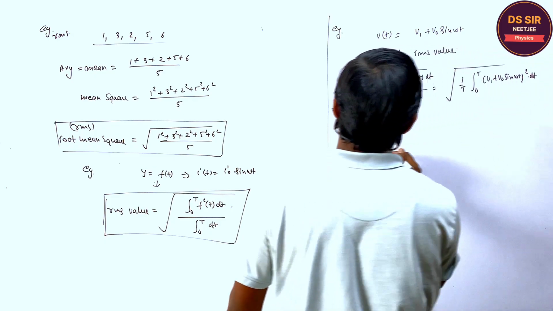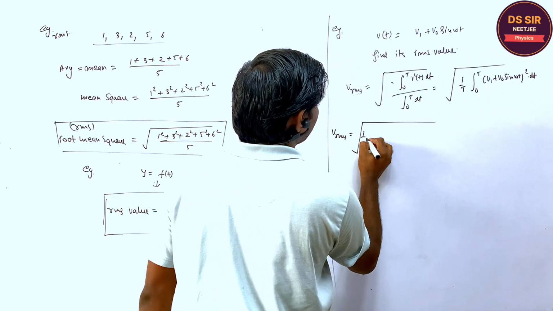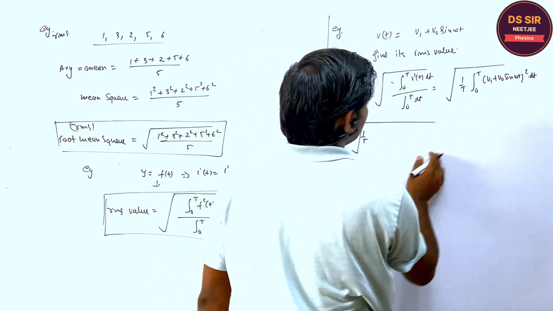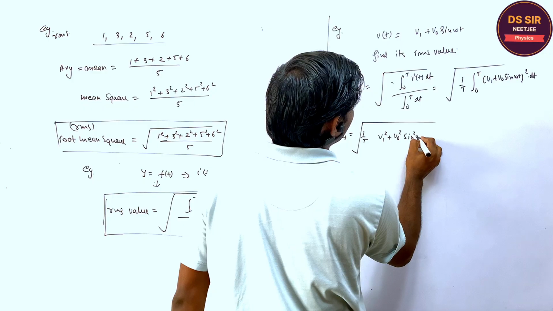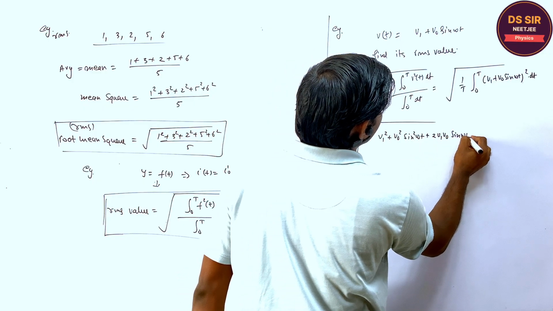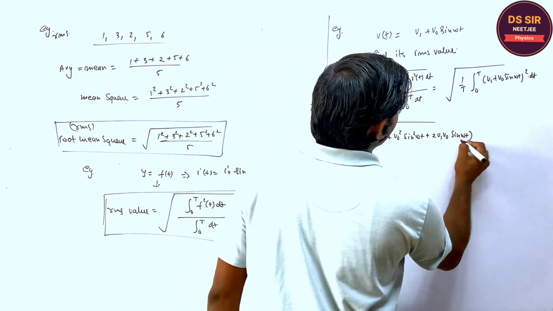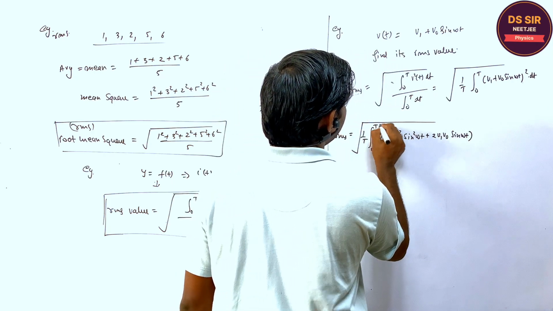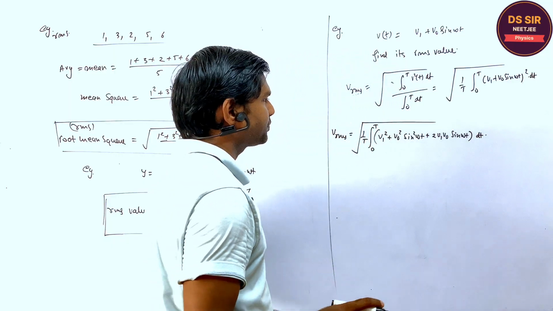So you have to integrate this. The VRMS value is the square root of 1 upon T times (a plus b) whole square, that is a square plus b square plus 2ab, and you have to integrate this from 0 to T. Do you understand? Is it clear or not?